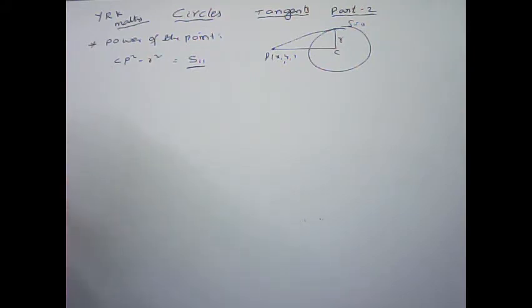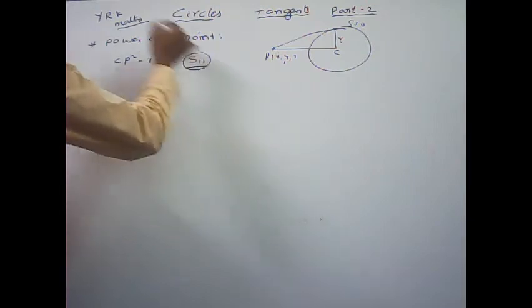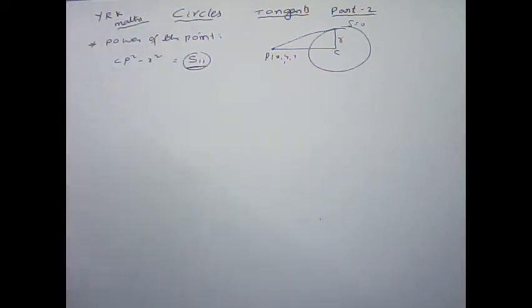S11 more than 0, that point lies outside the circle; less than 0, lies inside the circle; S11 equals to 0, lies on the circle. Here the magnitude whatever we get, CP square minus R square, that one we say is S11. Here S11 is the power of the point P with respect to circle S equals to 0.